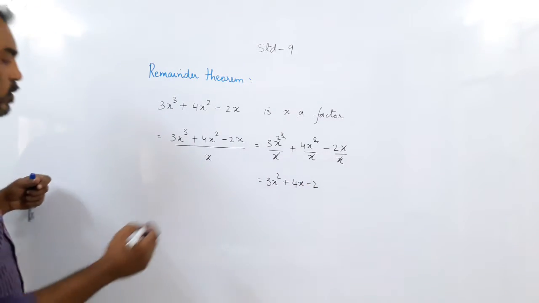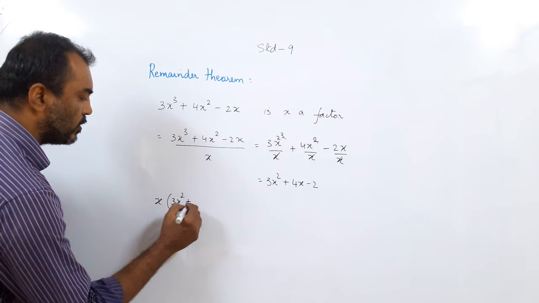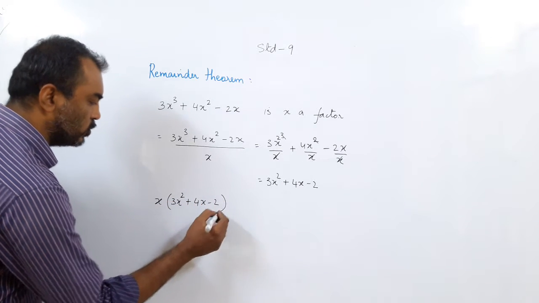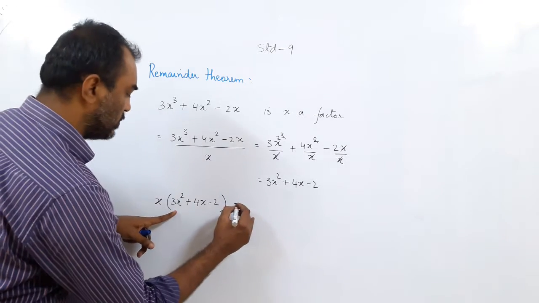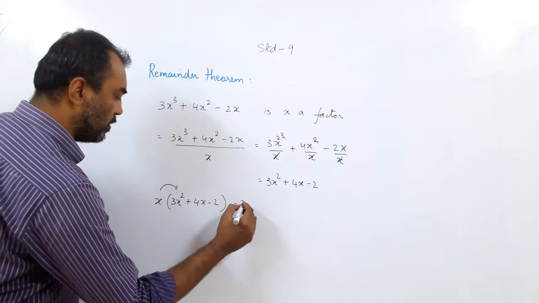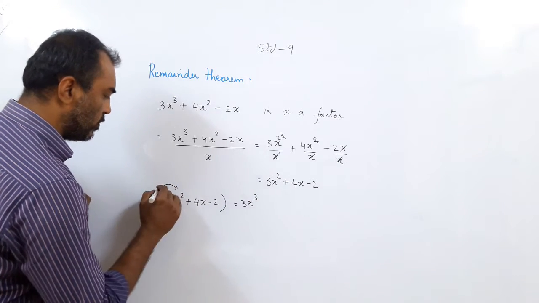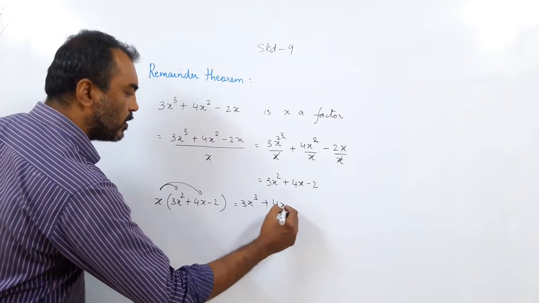So you can check it out. When you multiply x with 3x square plus 4x minus 2, you will get x into x's. So multiplying this with this, we get 3x cube. Multiplying this with that, which is the sign between, plus, so 4x square.